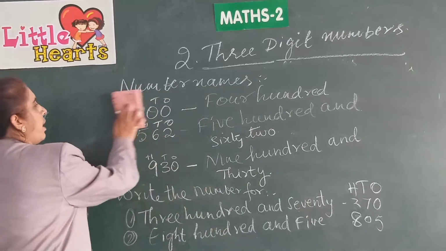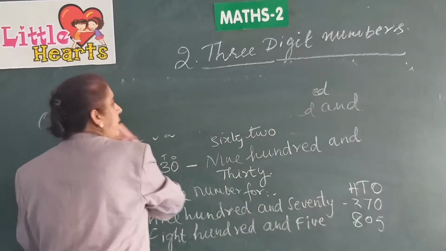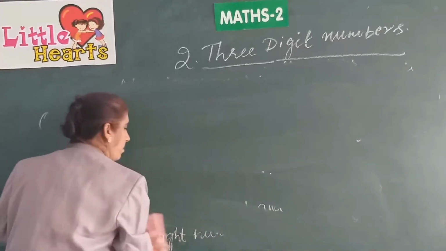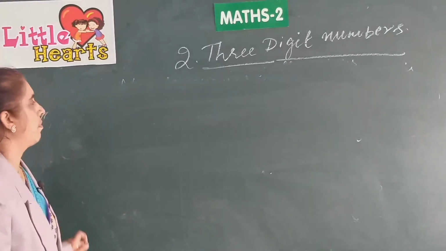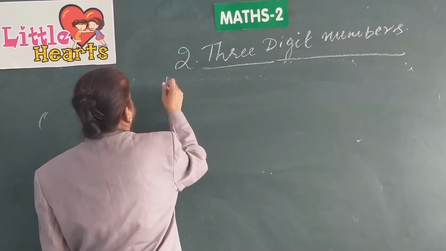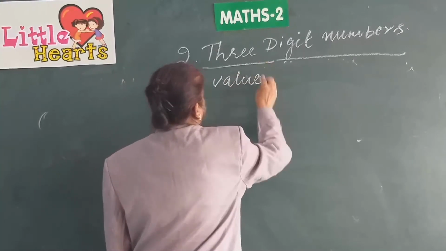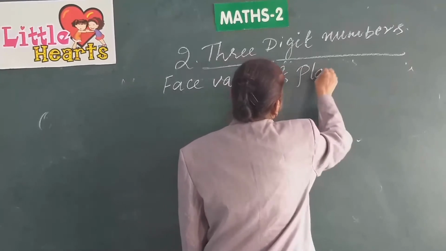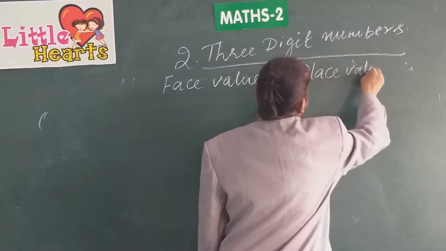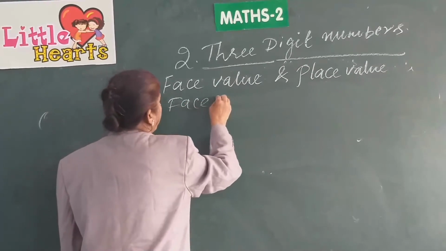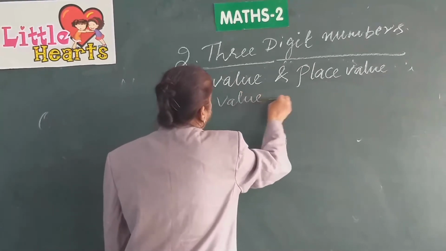Next, coming to the face value and place value. Face value is nothing but the digit itself.